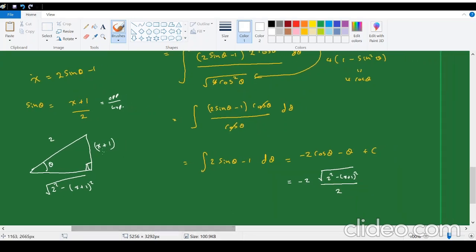And theta can be evaluated from this equation, which is the sine inverse of x plus 1 over 2, plus this arbitrary constant carried along the way.